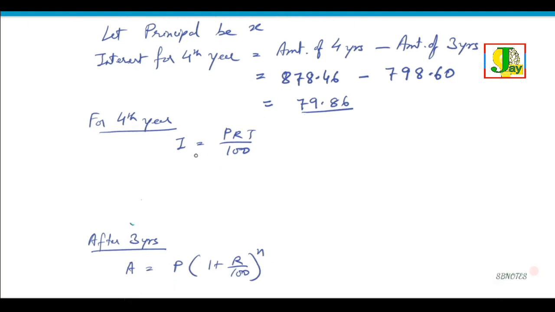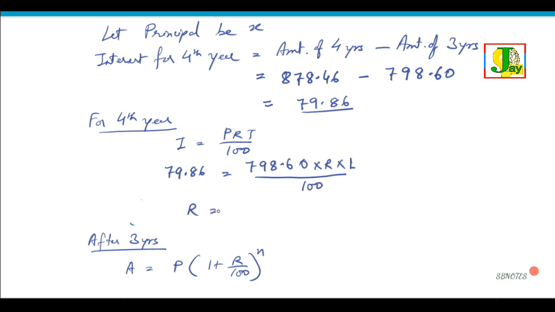So in the simple interest formula for the fourth year, we put in the values. So I is 79 rupees 86 paise, equals P, which is 798.60, into R, which we need to find, into time, which is only for the fourth year, so 1, divided by 100.